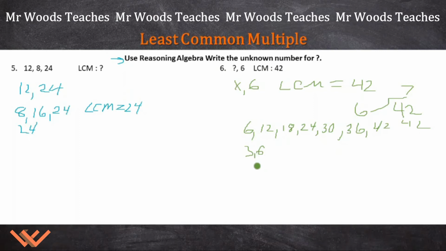No, that doesn't work because nothing times 8 is going to do that. But it does get me 24 here. So the next number is going to be 7. That's 7, 14, 21, 28, 35, and 42. That is the only number that it could be. So now I can go back and say that that x, or that question mark, is equal to 7.